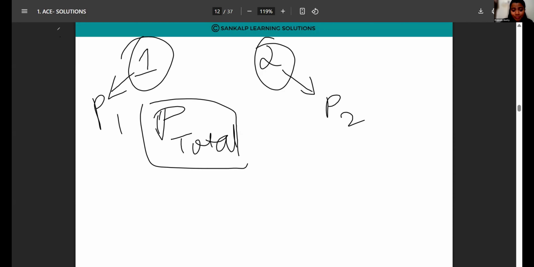P1, P2 would be the partial vapor pressures of both the components, liquid 1 and liquid 2 in just one solution.